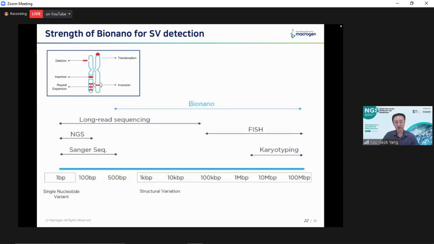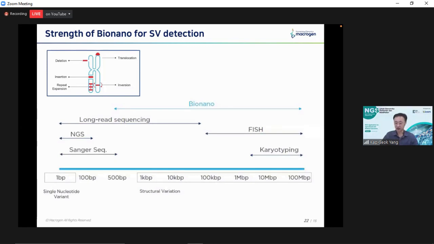So with this BioNano system, you can really take a look at the very, very long range, ranging from like 1 kilobase to up to the 100 megabase range, which researchers have been assessing using karyotyping or FISH. So it's a whole different level of the assembly.